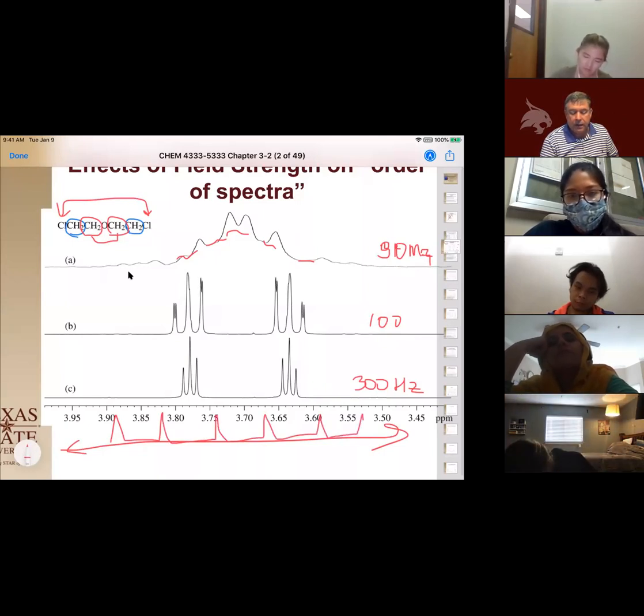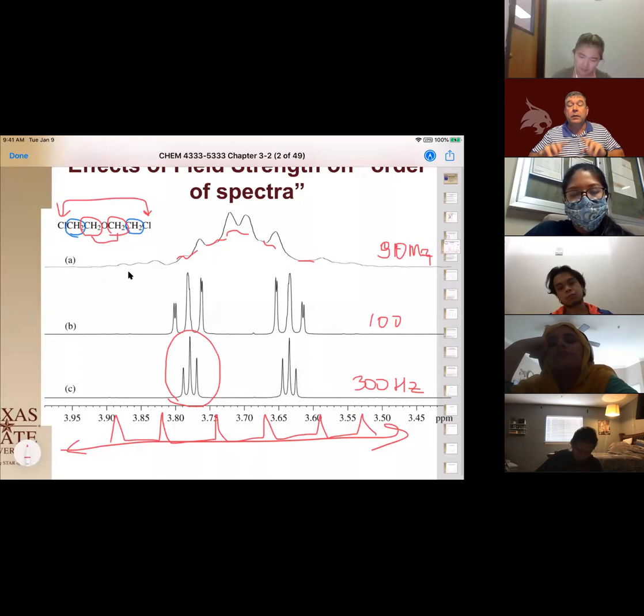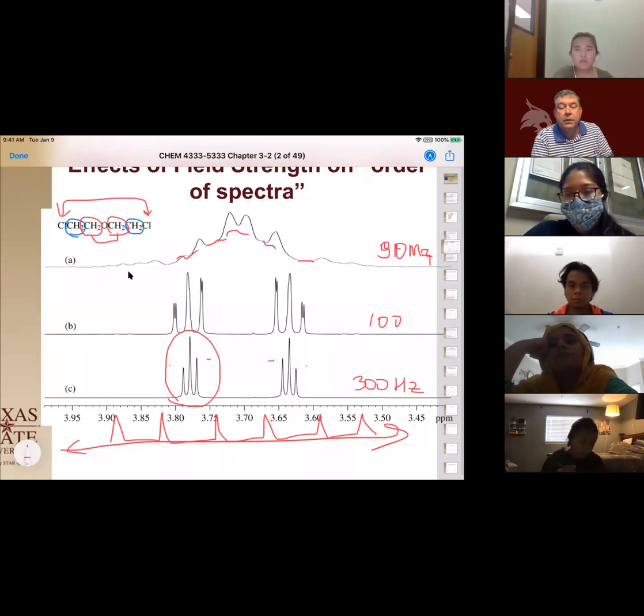When we do that, we start to see the 1, 2, 1 triplet we're expecting. Notice there's a slight shift here, and these are slightly off. Probably something to do with the chemistry of the N.